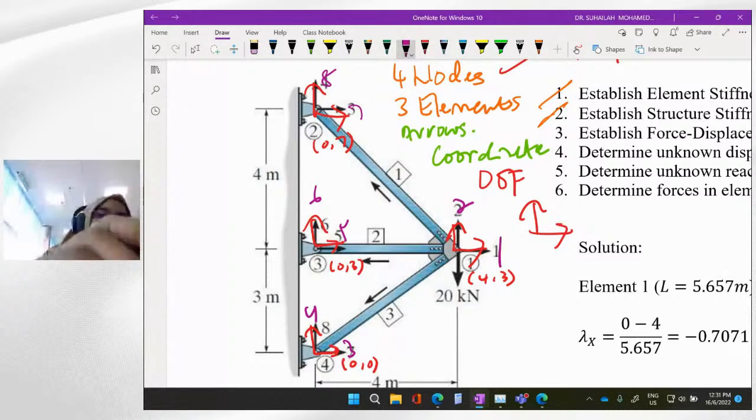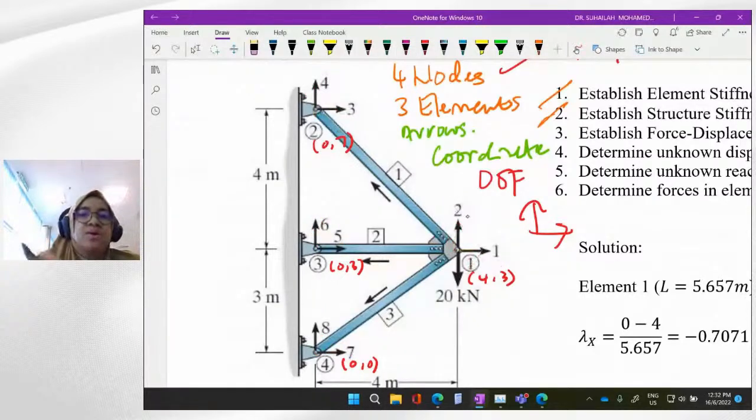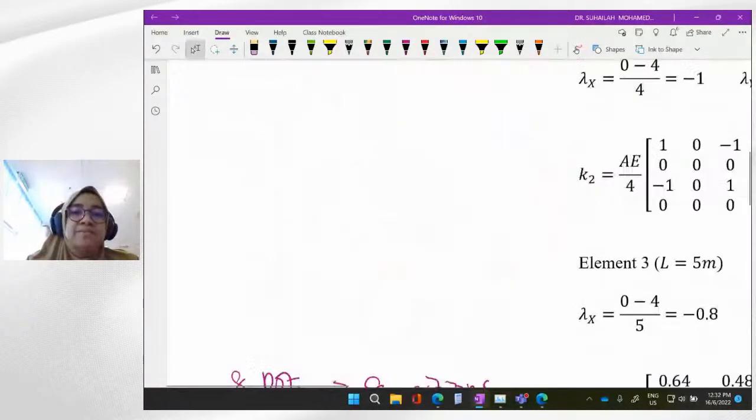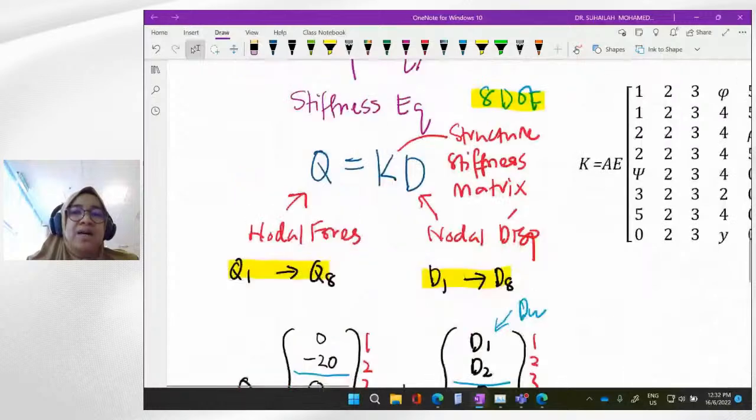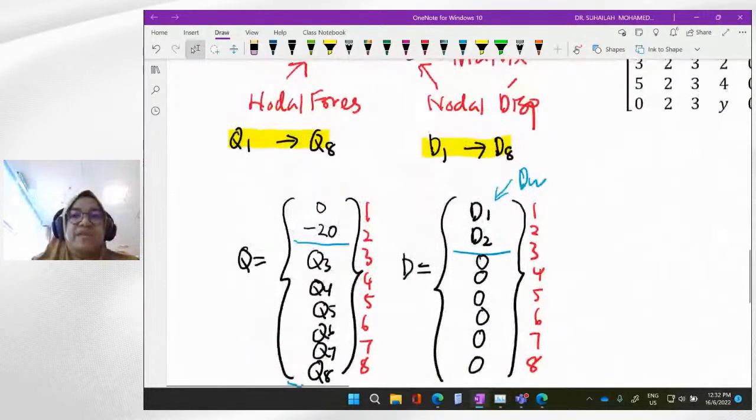Now the degree of freedom is given, so we just need to follow the given degree of freedom. And this degree of freedom has been labeled according to unconstrained and constrained system, and I have actually discussed this in my previous video.